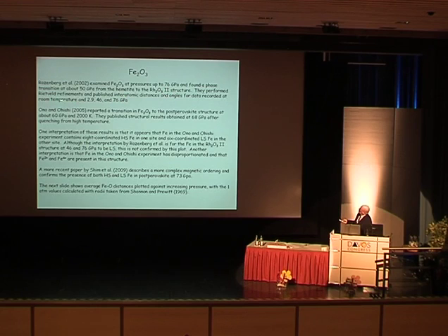And they performed Rietveld refinements and published interatomic distances and angles for these high pressure phases at room temperature. Ono and Ohashi reported a transition in Fe2O3 to post-perovskite at 60 GPa and heating up to 2000 K. And they published the results, obtained at 68 GPa after quenching from high temperature.